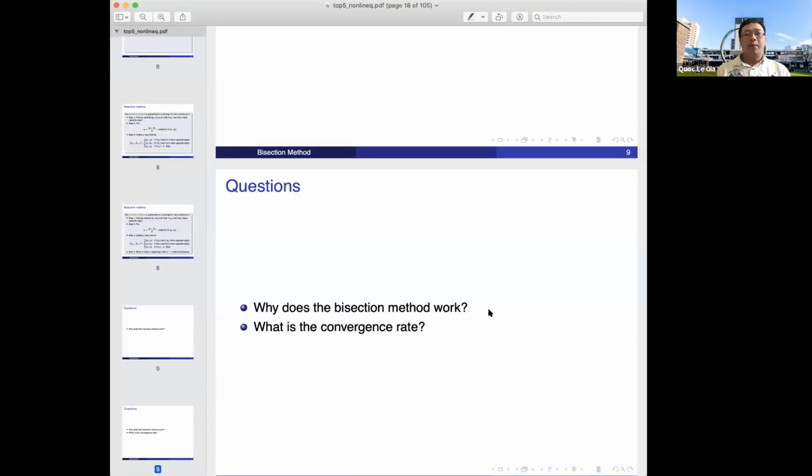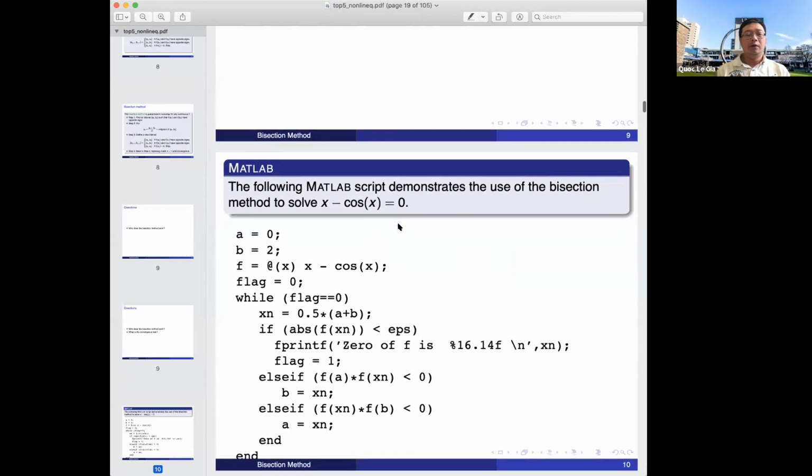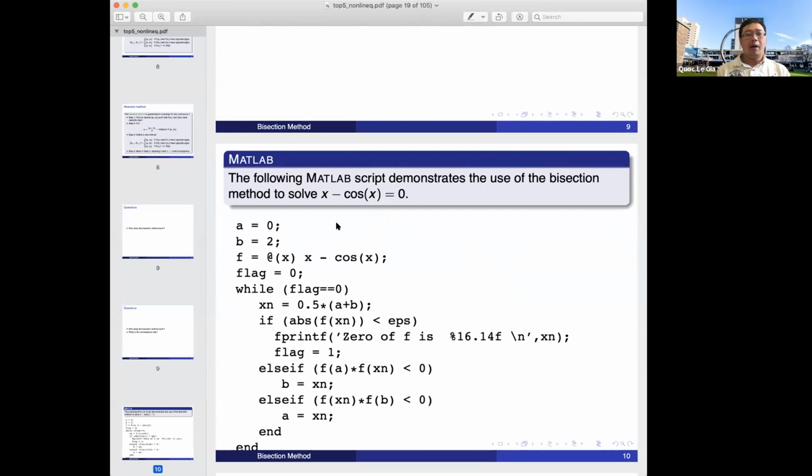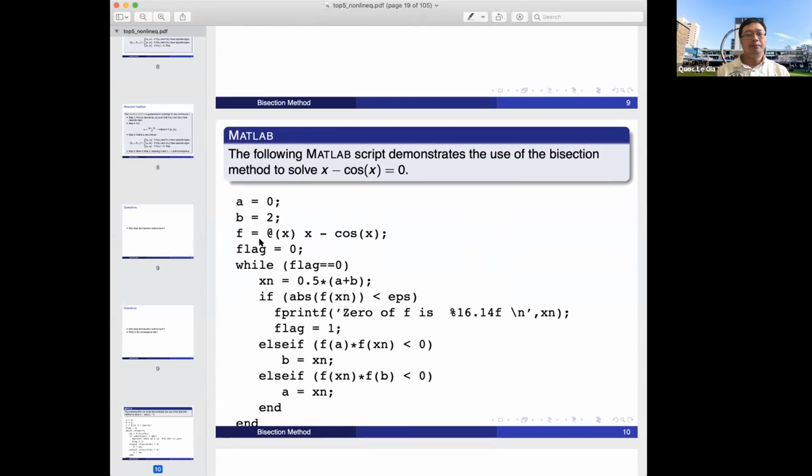And we can implement it in MATLAB. So suppose I have a function, x minus cosine x equals 0. Then you can write a MATLAB script like this. So first, you define the left point of the intervals a equals 0, the right-hand side b equals 2, and you can define f as an anonymous function, right?